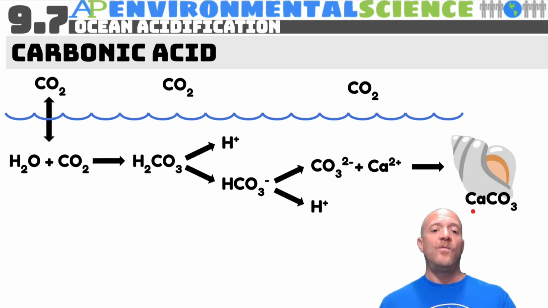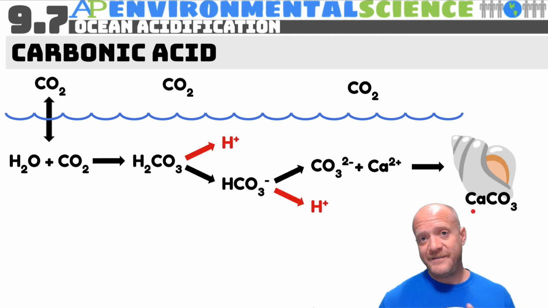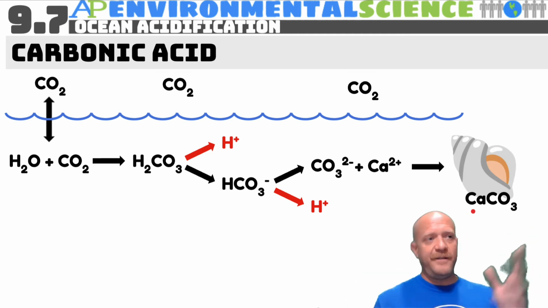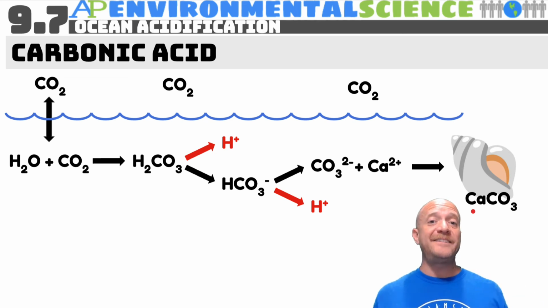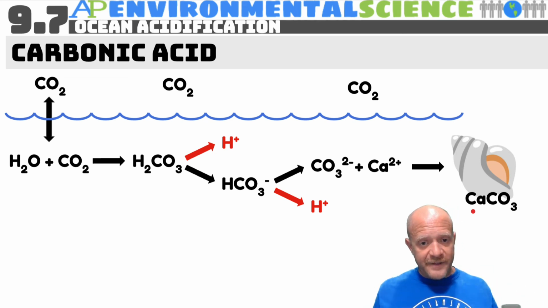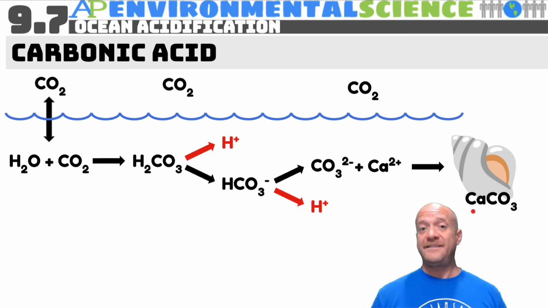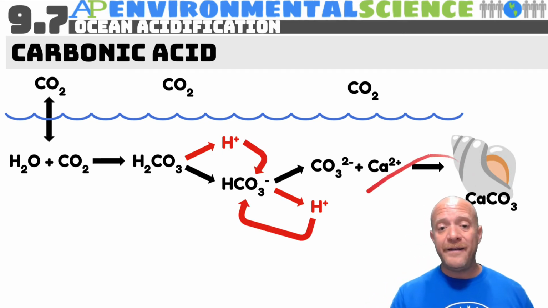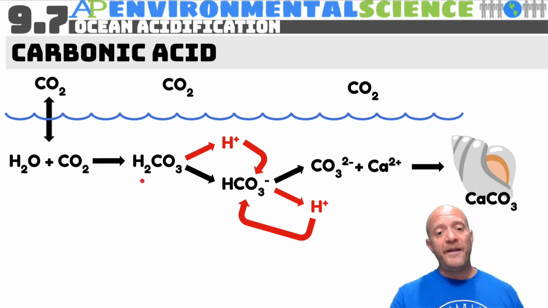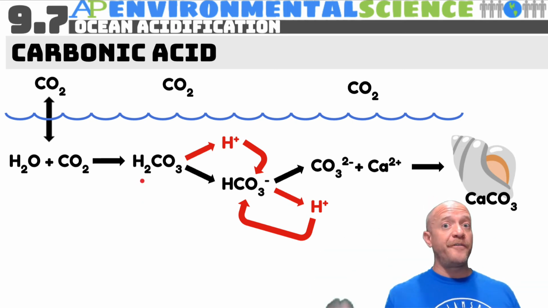Now, what happens is these H pluses are positively charged, they're positive ions. They're attracted to a negative ion. So looking at this reaction, what do you see that's negative? Oh yeah, they could go back and bind with the bicarbonate, forming carbonic acid again. So it can potentially reverse this reaction.